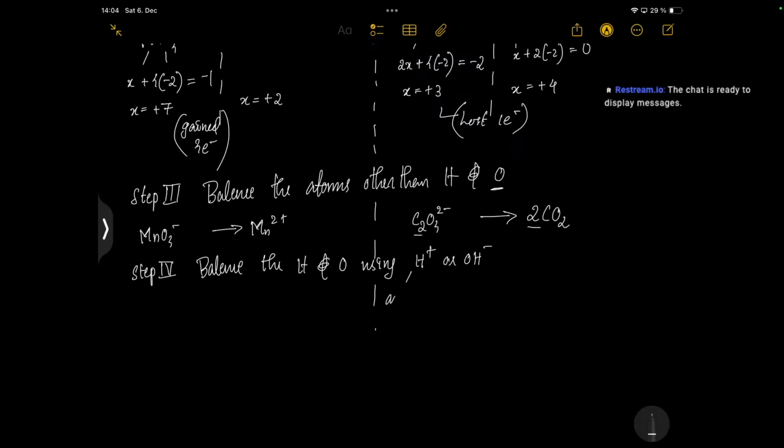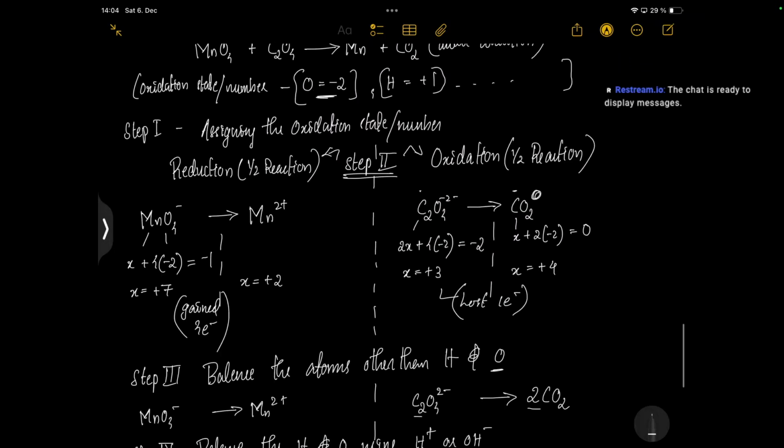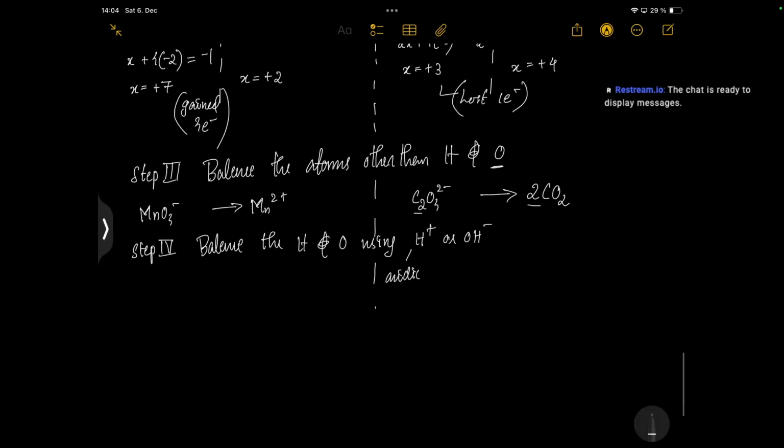H plus is for acidic, and it's an acidic condition from what we've seen, and OH minus is for basic. These are used together with H2O. H2O is used for oxygen.